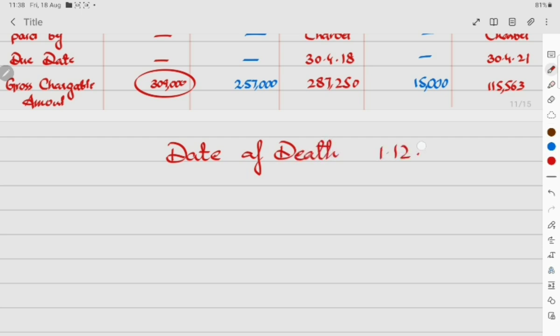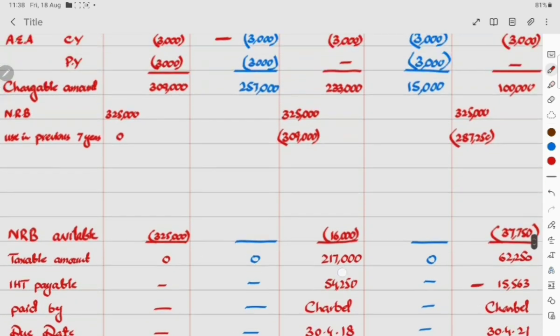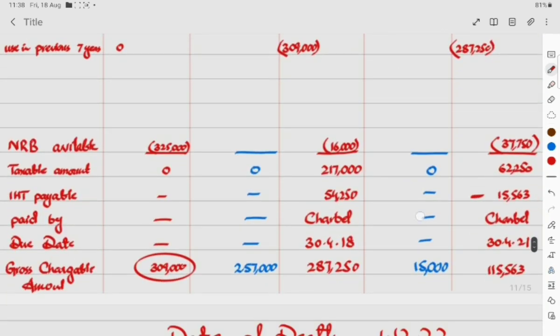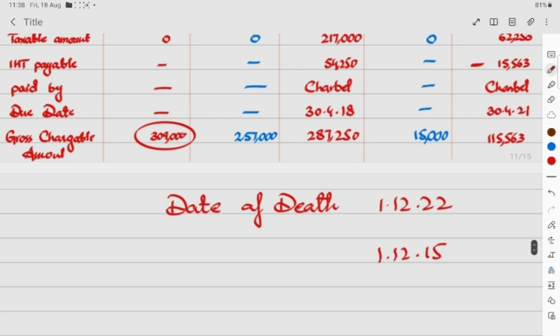It means we have to consider the gifts that become chargeable from 1st December 2015 onwards.